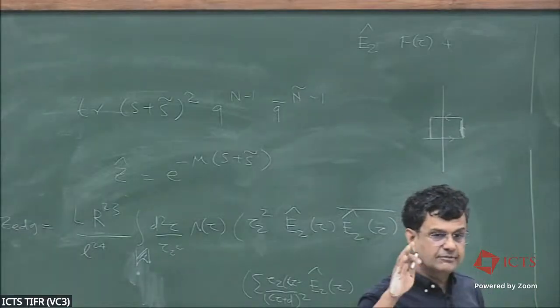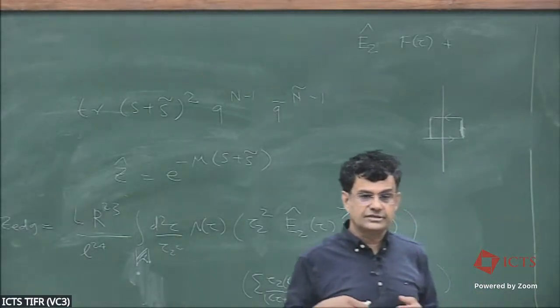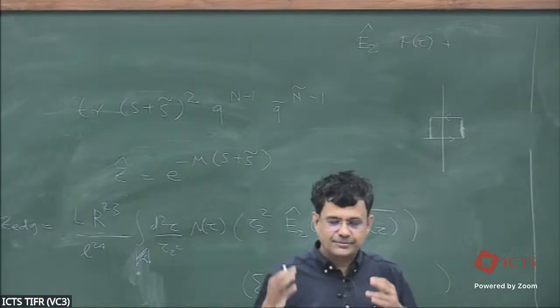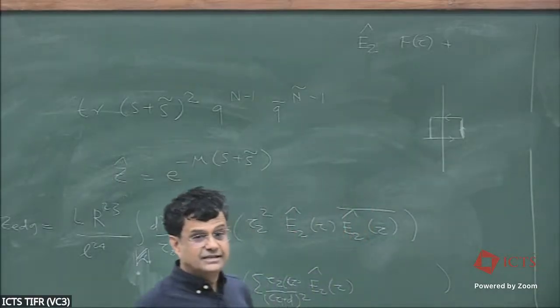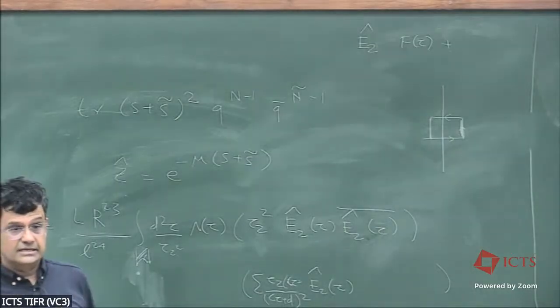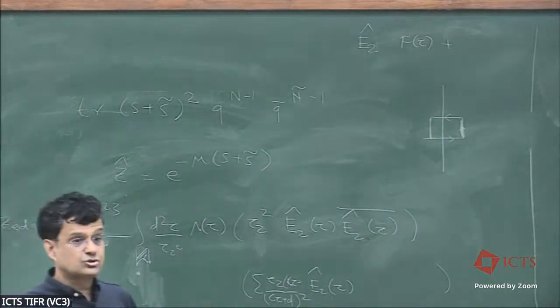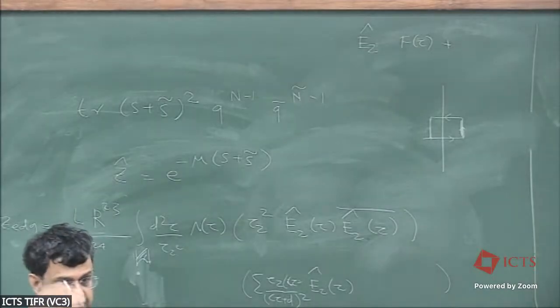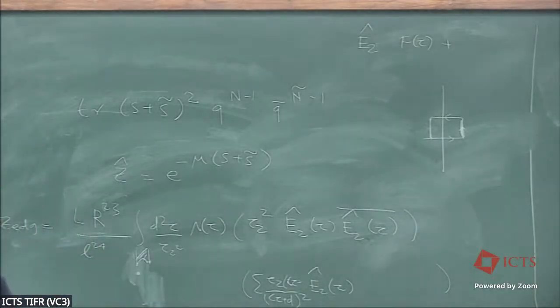The massive string modes can be thought of using this Pauli-Villars, sorry, Pauli-Fierz method, that you can treat them with some Stueckelberg fields, as an infinite tower of gauge fields.